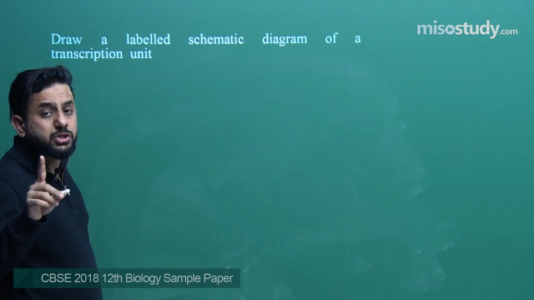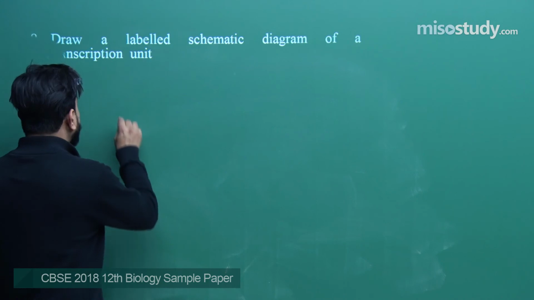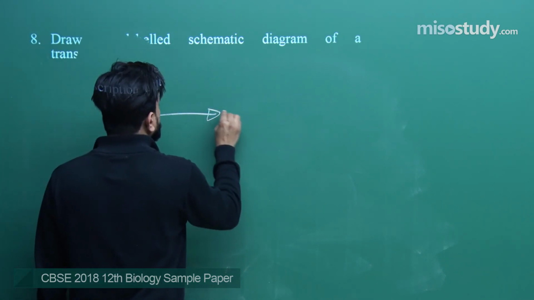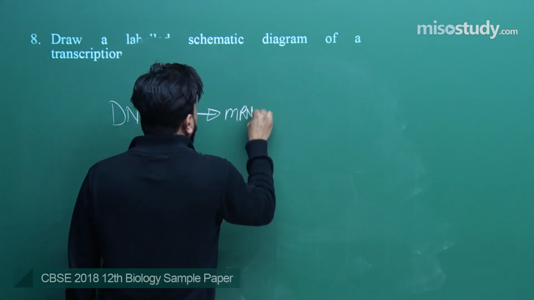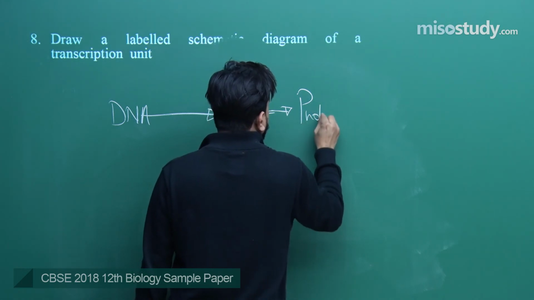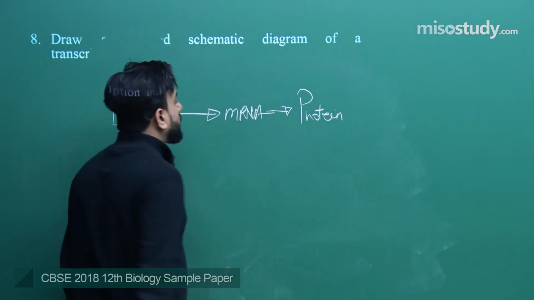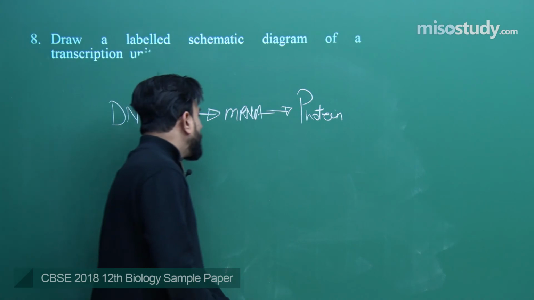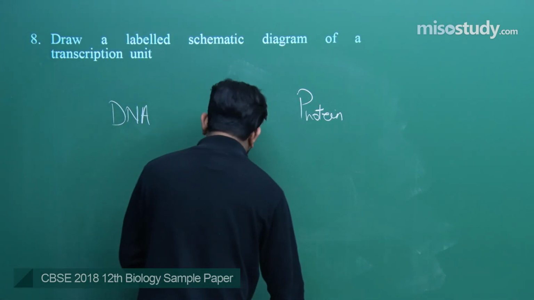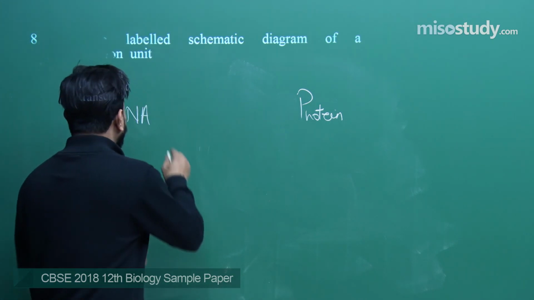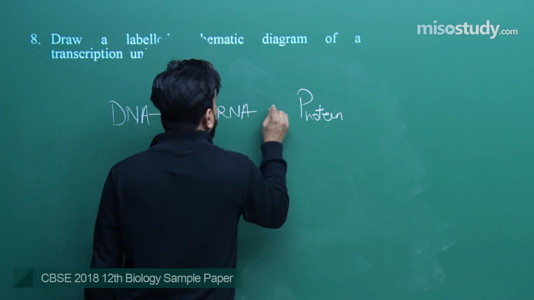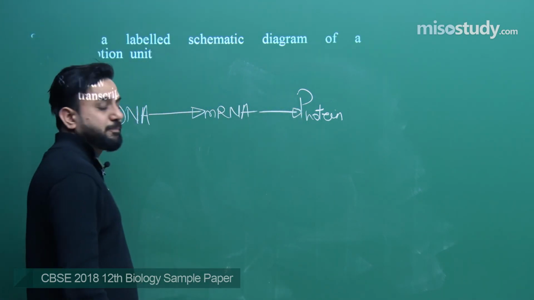According to the central dogma of molecular biology, the DNA gets converted into mRNA and the mRNA gets converted into the protein. Very good, very beautiful. I'm talking about the concept, not you. So the DNA gets converted into mRNA and the mRNA forms the protein.